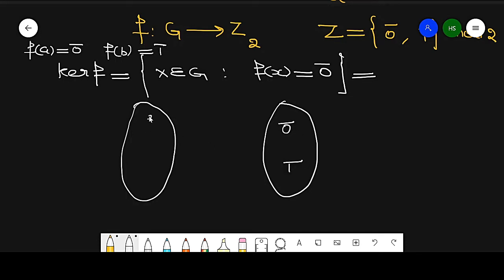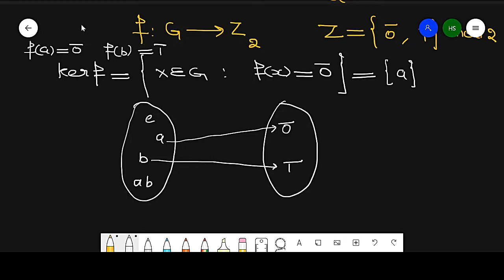So if only one generator goes to 0 bar, then the kernel of f consists of the elements generated by A.